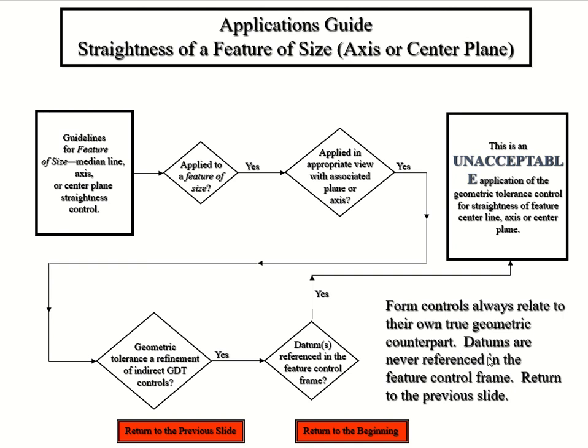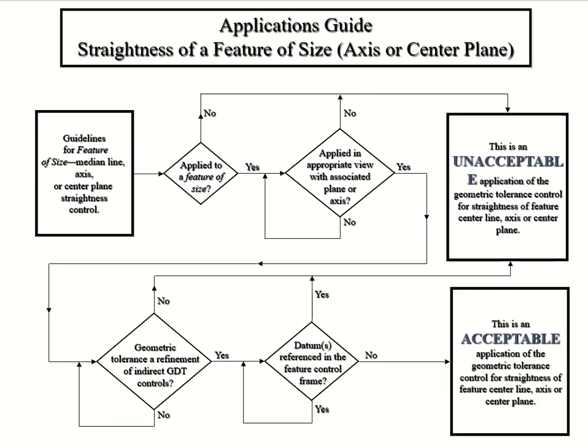The datum box is always off anyway. You have only two columns in one row, so if you got more, then it's wrong. It's unacceptable, because form control always relates to its own true geometric counterpart.